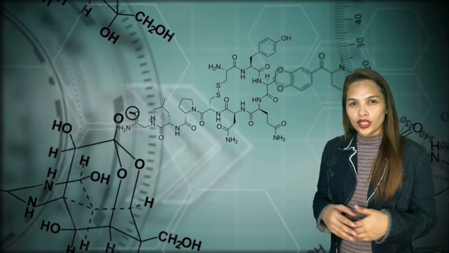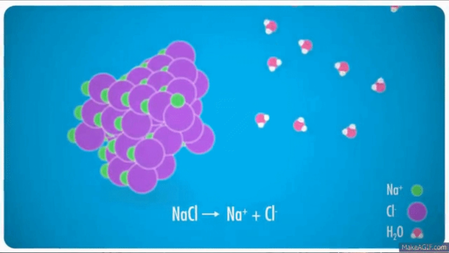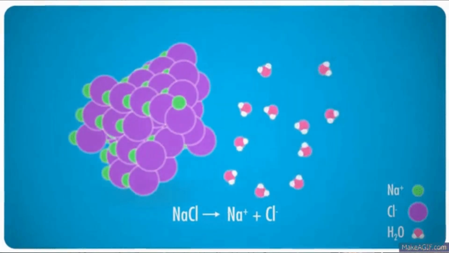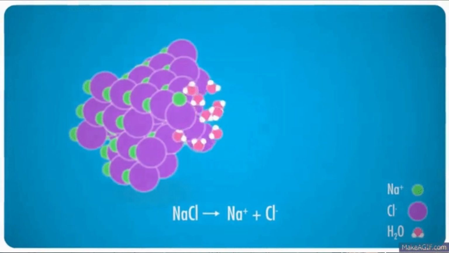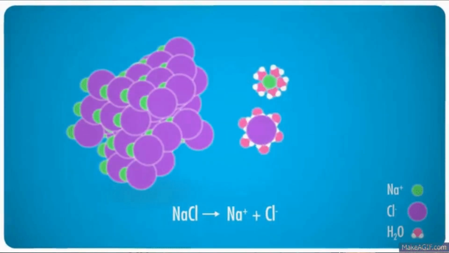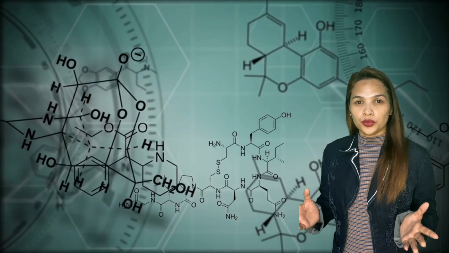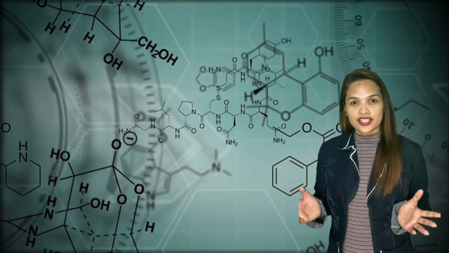When you mix a polar solid like salt in a polar liquid like water, the molecules of the water surround the molecules of the salt. The negative side of the water molecules is attracted to the positive side of the salt molecule, and vice versa.